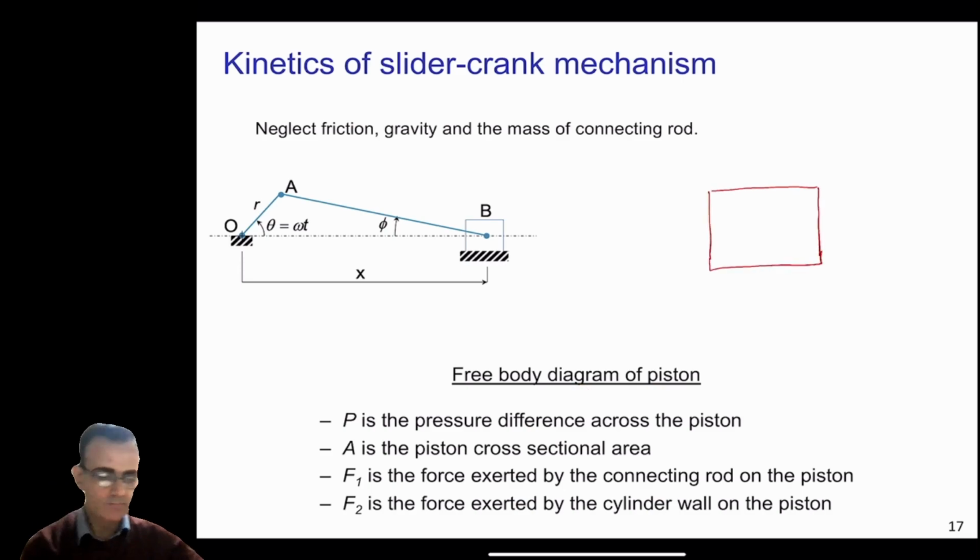So this is the piston, and in this case there will be some pressure from the combustion gases on this side of the piston. If you consider an engine, the force will be P, which is the pressure times the cross section area of the piston, and the mass of this piston is M here.